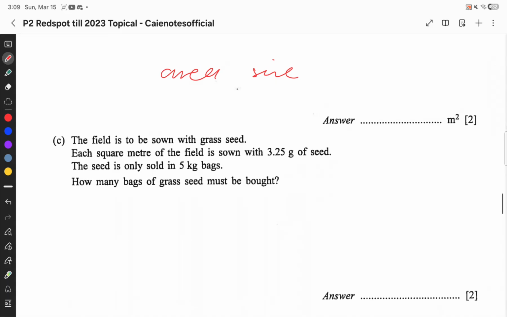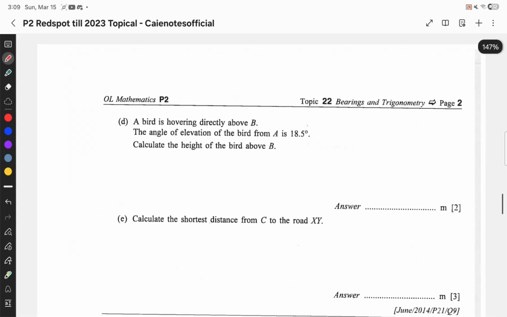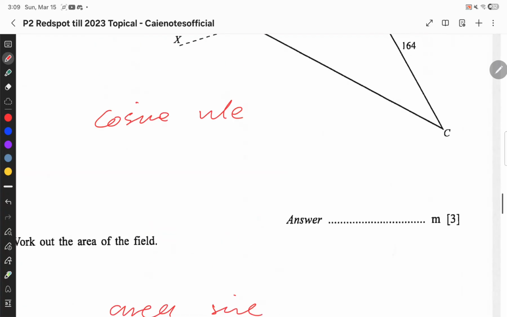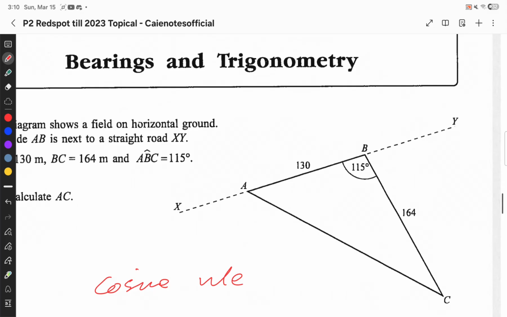The field is now to be sown with grass. The angle of elevation of the bird from A is this many degrees. Calculate the height of the bird above B. This is not really bearings, but I will teach you angle of elevation also. So angle of elevation: you are right here, and your eyes, the angle that they make looking upwards, that is the angle of elevation.